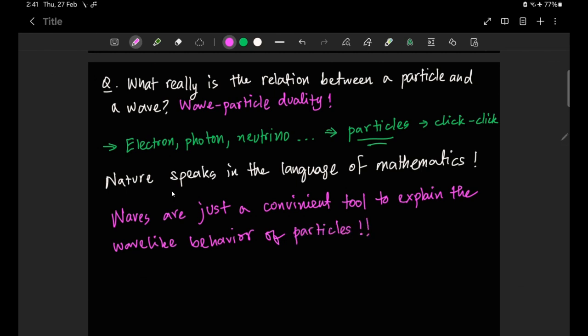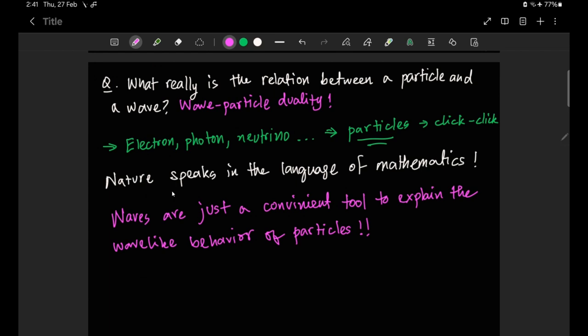So they're just a math tool. That's all that is. So these particles are never waves. They do exhibit wave-like behavior in a quantum sense. However, to explain that wave-like behavior, waves happen to be just an easy mathematical tool to do that.